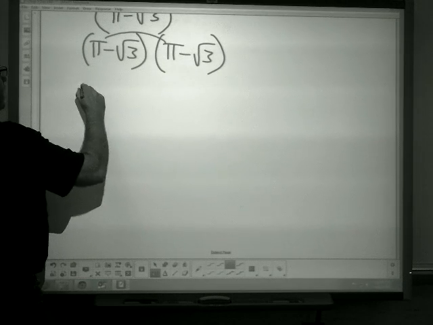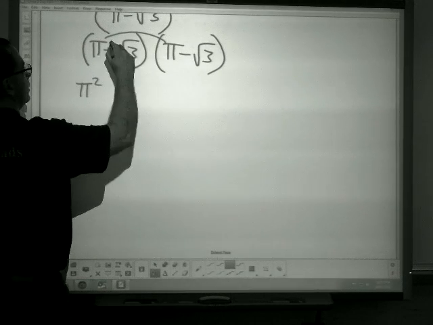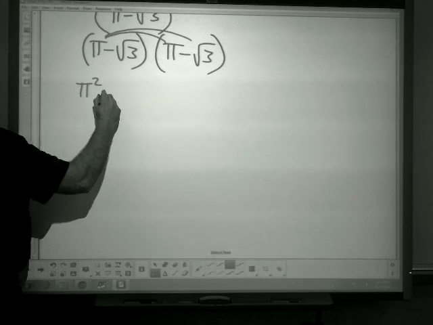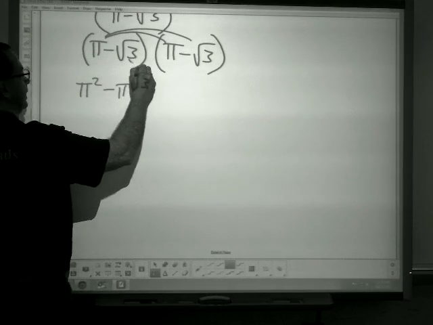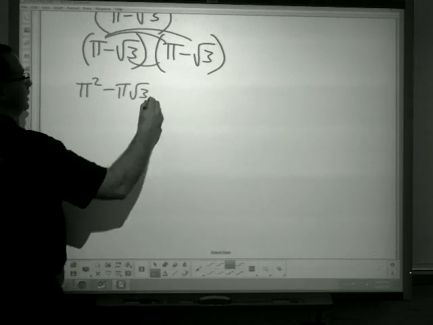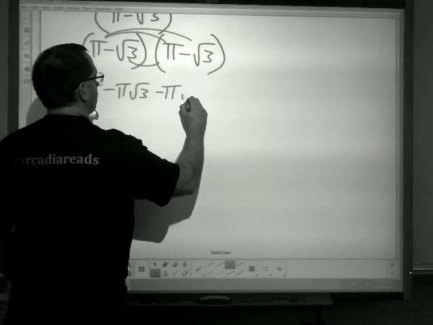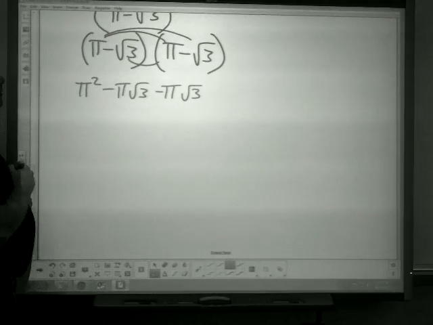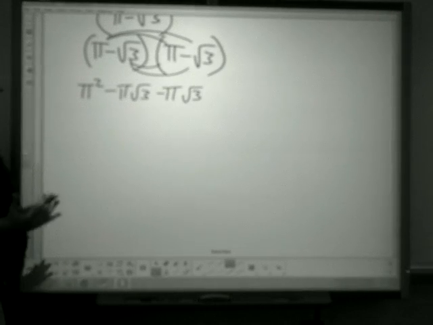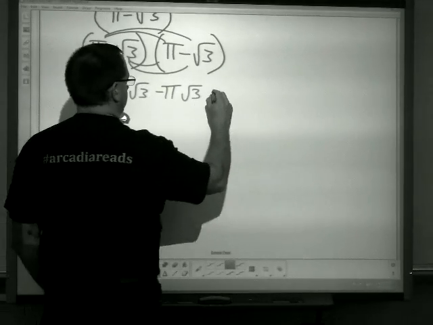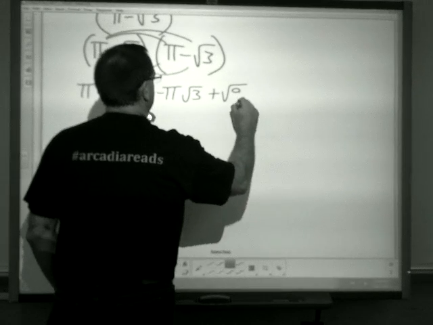first, pi times pi, that's pi squared. Outer, that's a negative pi radical 3. Inner, that's another negative pi radical 3. And last, negative times negative is positive. Radical 3 times radical 3 is radical 9.